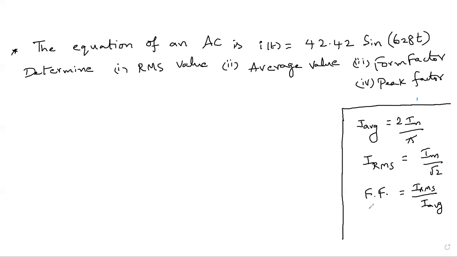The value I mentioned in the last classes, after calculating that fraction, we get 1.11 for a sinusoidal waveform. Then what about peak factor? Peak value by RMS value. Very good. Peak or maximum value by RMS value.